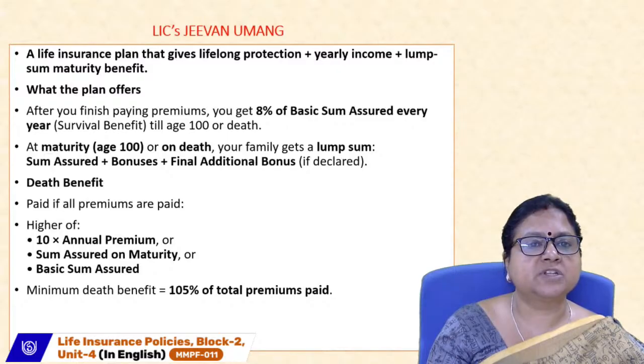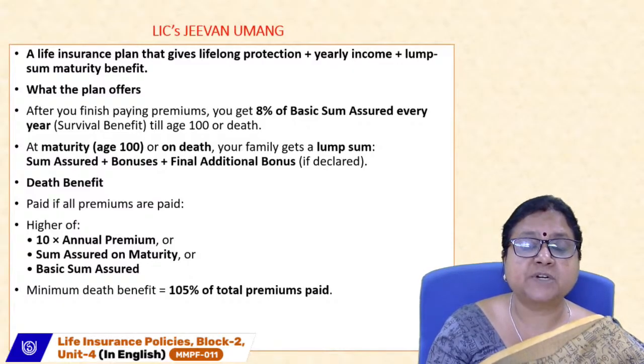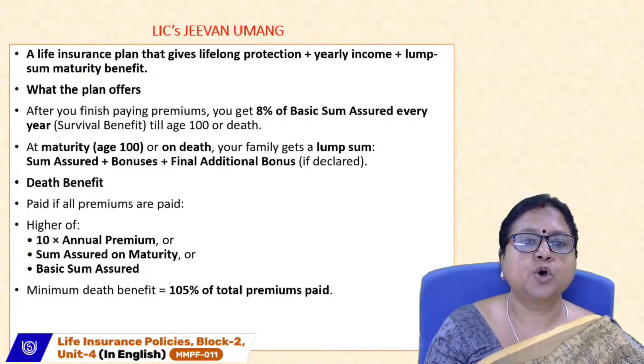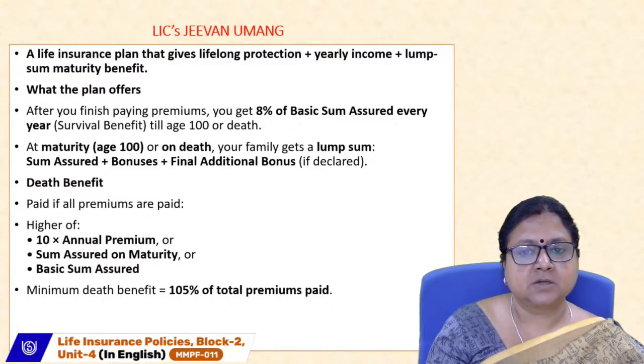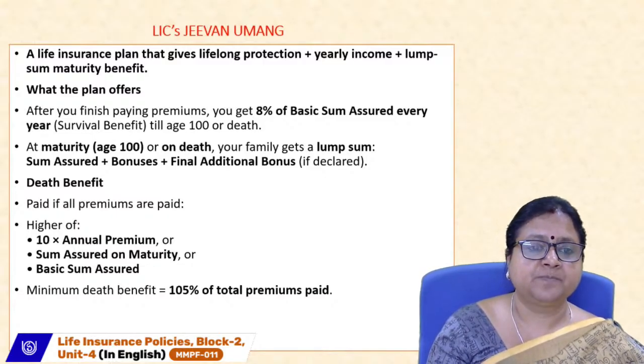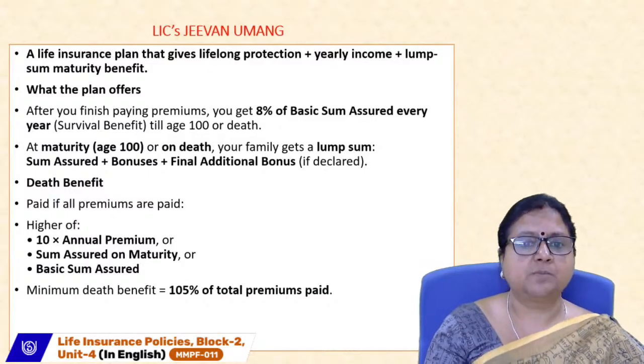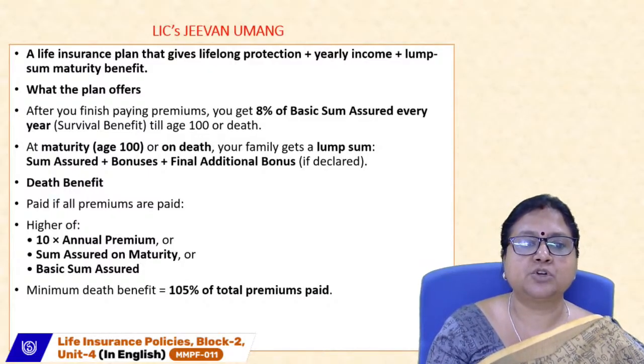Similar is another type of policy, which is LIC Jeevan Umang. This is a lifelong protection plan with yearly income and a lump sum maturity benefit. After you finish paying premiums, you get 8% of the basic sum assured every year till age 100 or till your death. At maturity or on death, your family gets a lump sum, that is, the sum assured plus bonuses plus any additional bonus or riders.